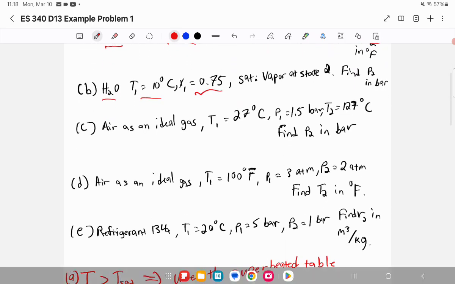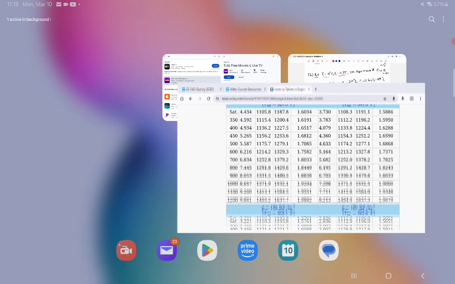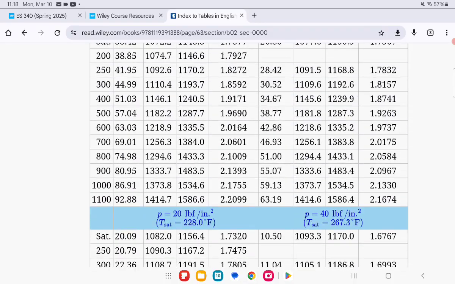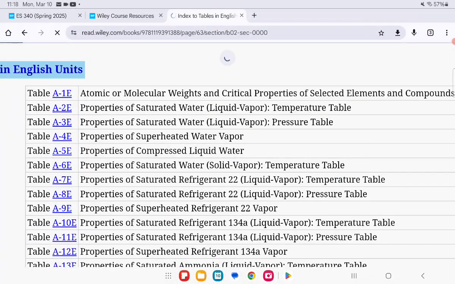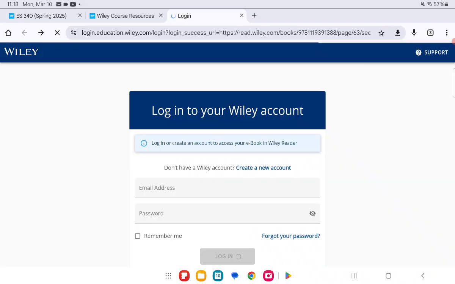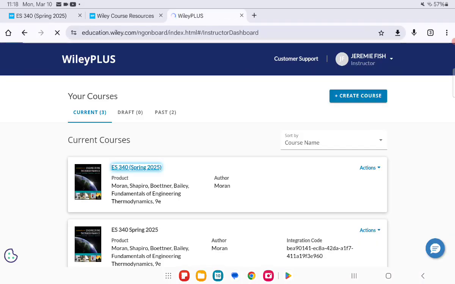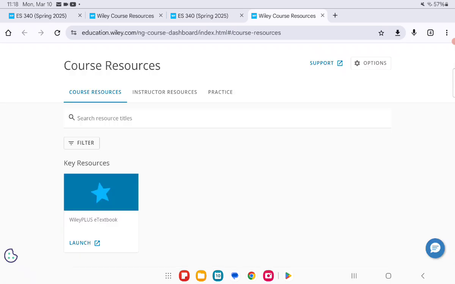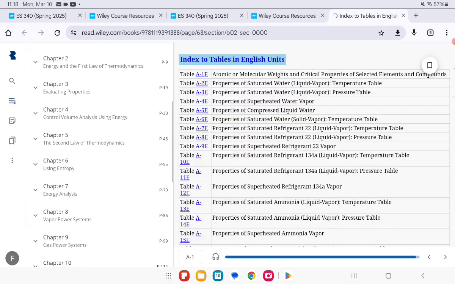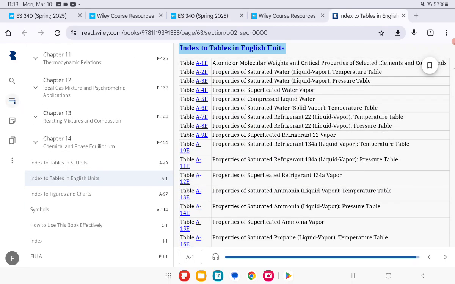So again, I'm going to go look at the table. So let's go back to the tables. Basically, what I want now is not the English value tables, but rather the non-English tables, the SI tables.